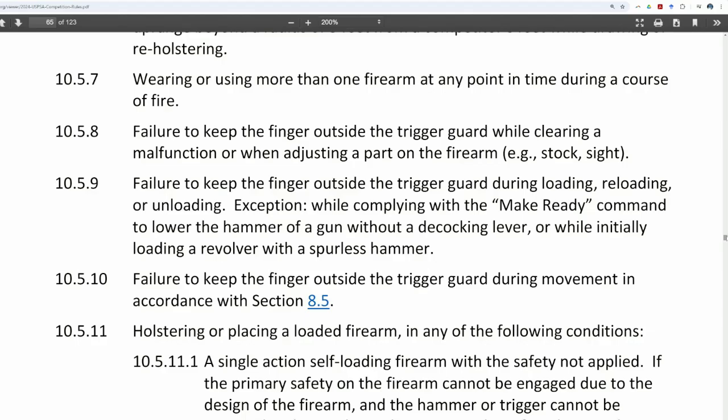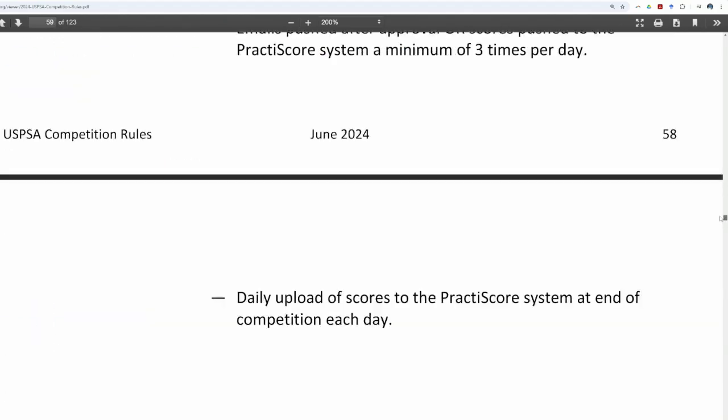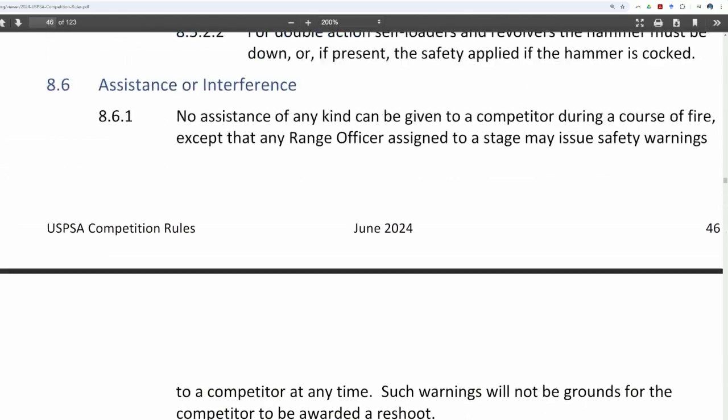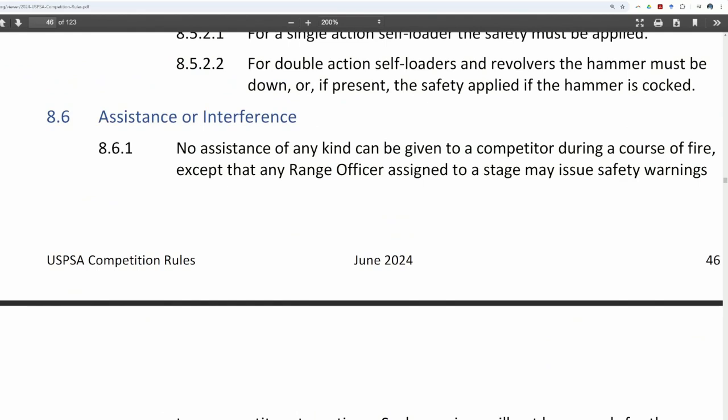So, all right. There's another rule about that. I believe it is 8.6.1. 8.6.1.